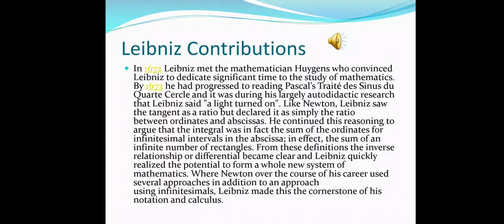From these definitions, the inverse relationship between differential and integral became clear, and Leibniz quickly realized the potential to form a whole new system of mathematics. Where Newton, over the course of his career, used several approaches in addition to an approach using infinitesimals, Leibniz made this the cornerstone of his notation and calculus.